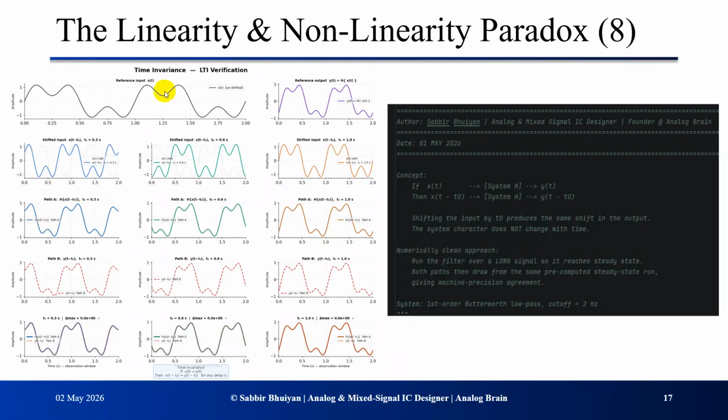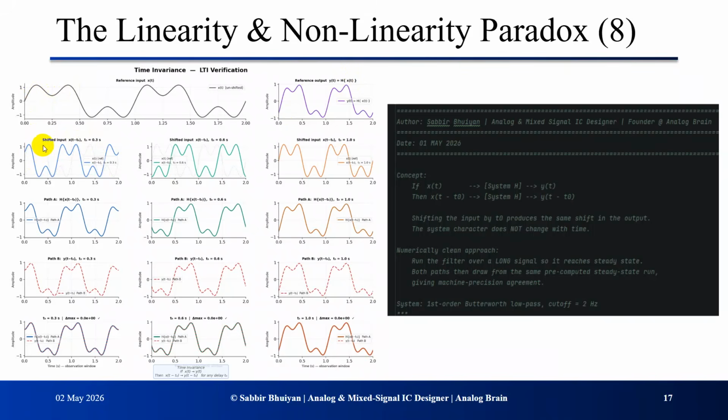So let me break it down. The reference input is x of t, and the reference output is y of t, h of x of t. Now I shifted the input to t minus t naught, so 0.3 seconds. Here was the peak, and it shifted 0.3 seconds.